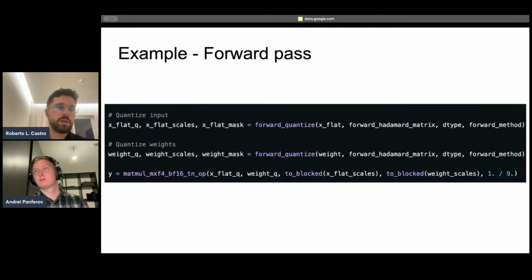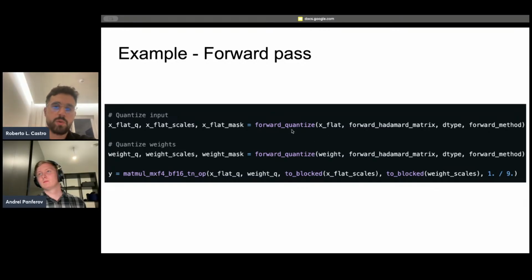So overall, here I show an example of how these three methods are executed. This example represents the forward path of our method. So we are going to receive this input and the weights, which we are going to quantize on the fly, right?